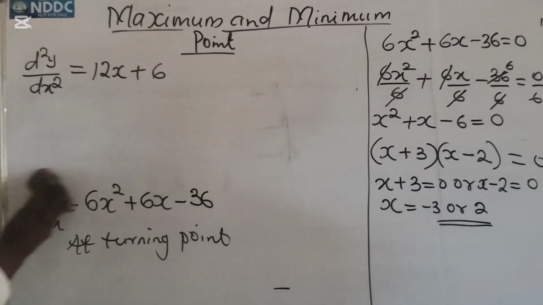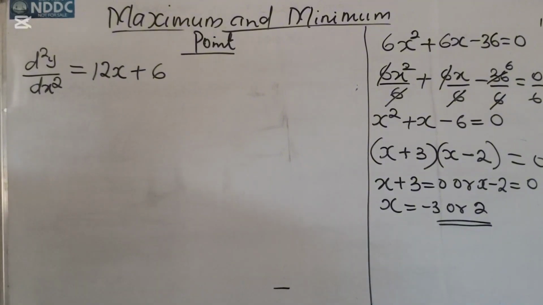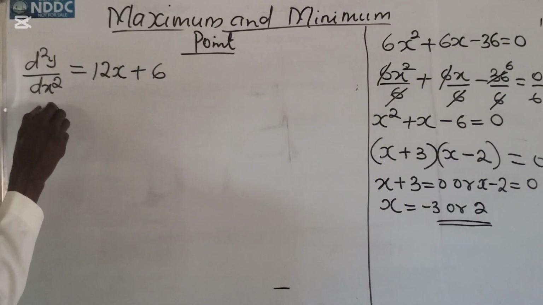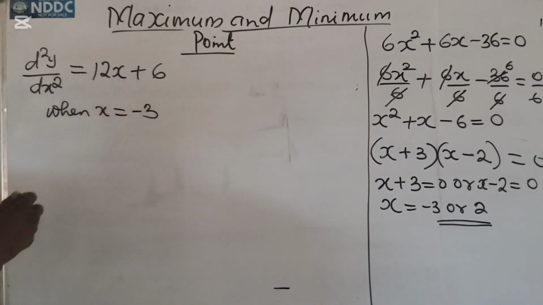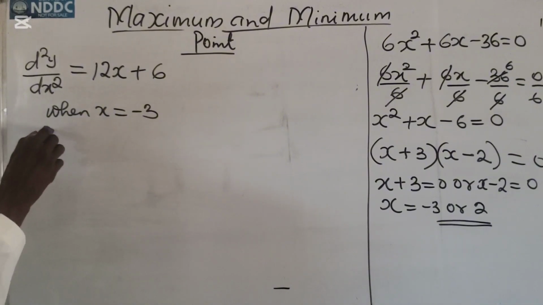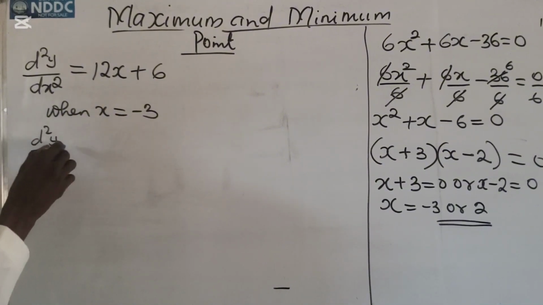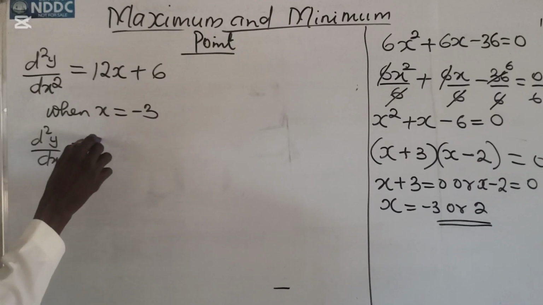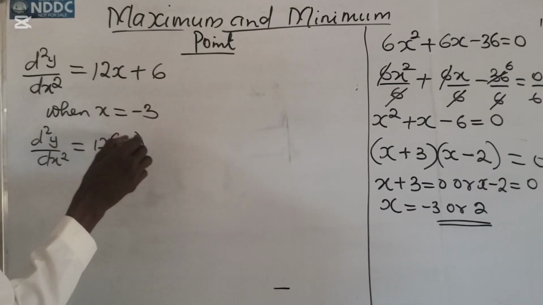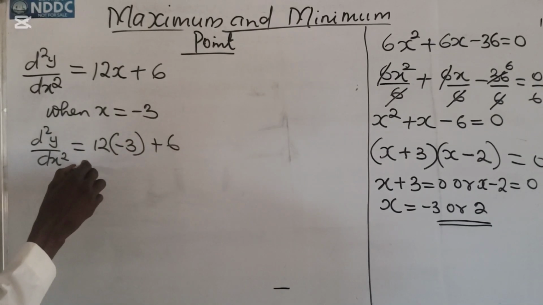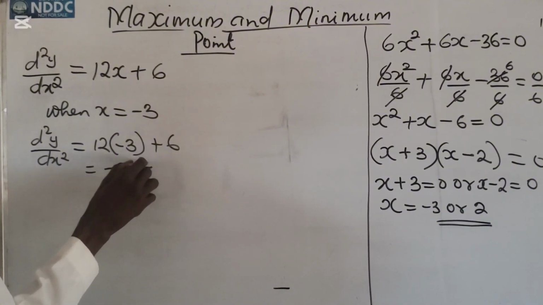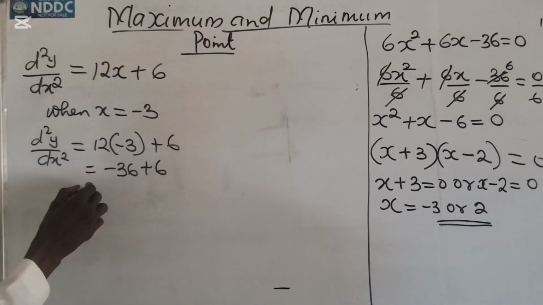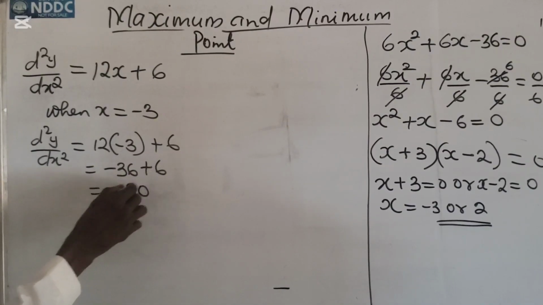So now, when x is equal to minus 3, I will put it in the second derivative, which says d squared y over dx squared is equal to 12 times minus 3 plus 6. And 12 times minus 3 is minus 36, plus 6, and that will give us minus 30.